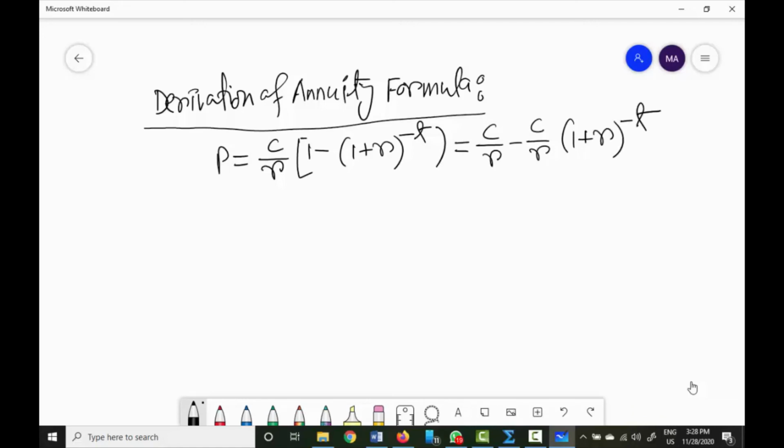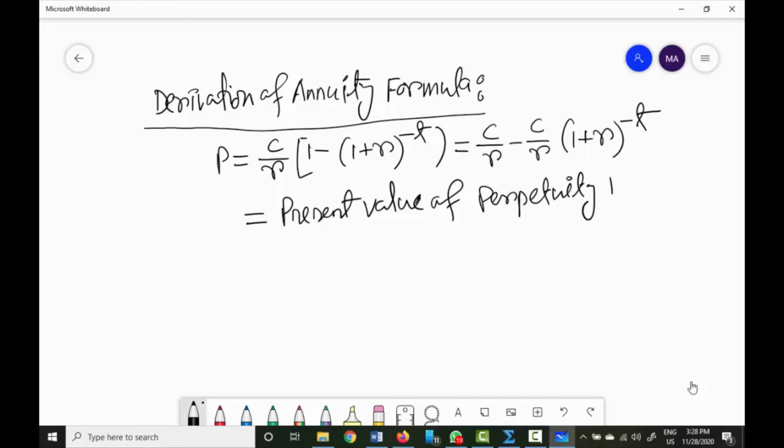I have told you that C by R means perpetuity. So that means the present value of annuity means the present value of perpetuity 1 minus the present value of perpetuity 2.